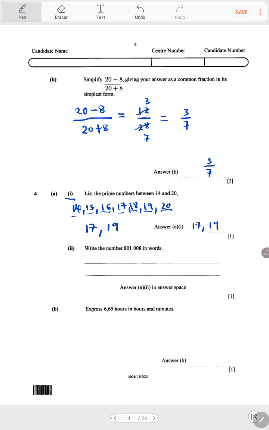Okay, and the next one says write the number 801,008 in words. So the way I'm reading it is the way you're supposed to write it. So here you're going to say 800 and 1 thousand, and 8.